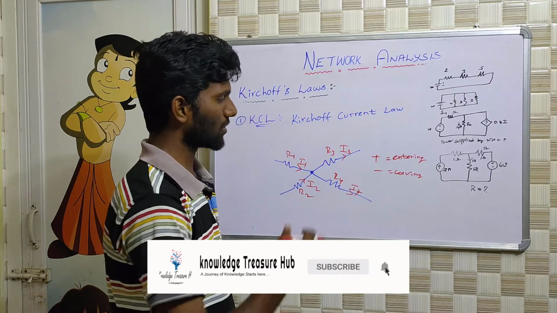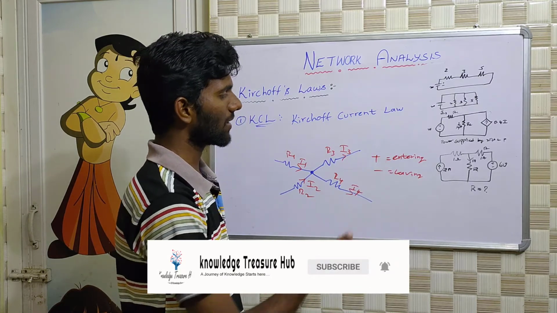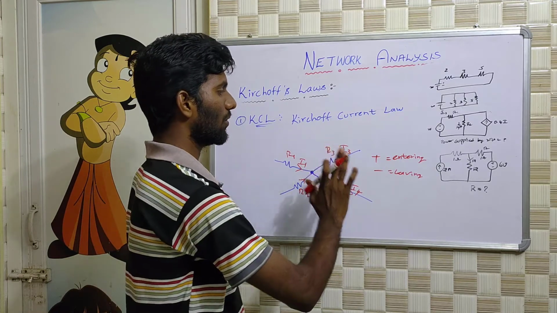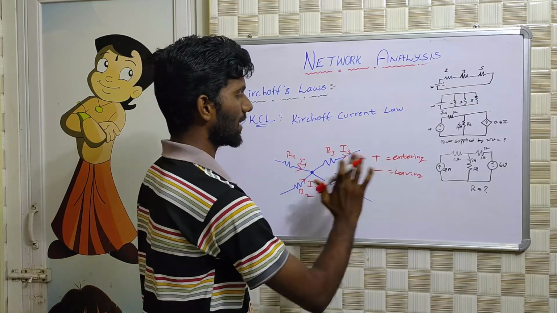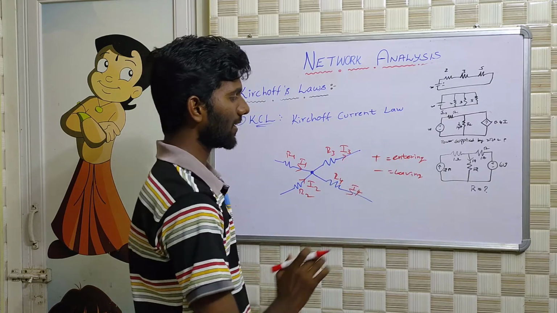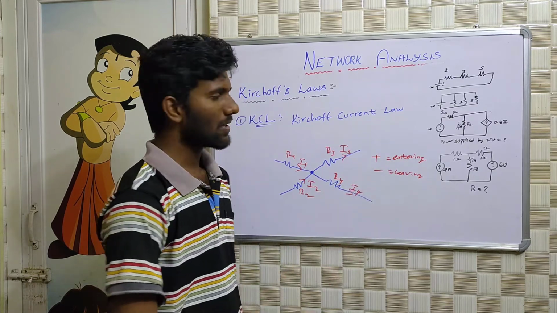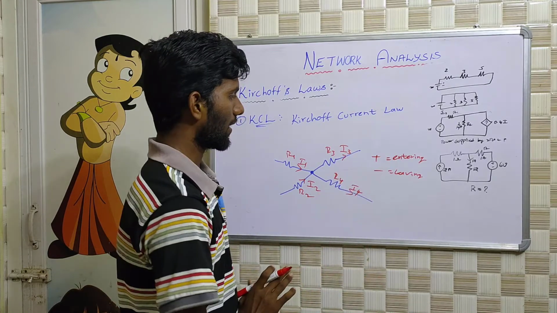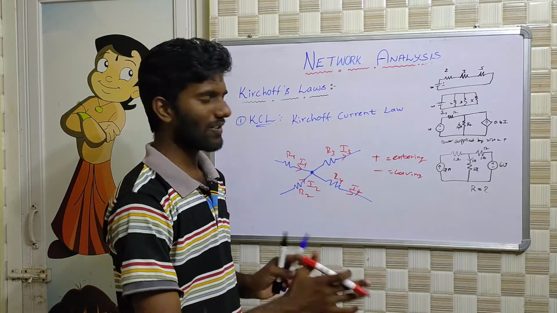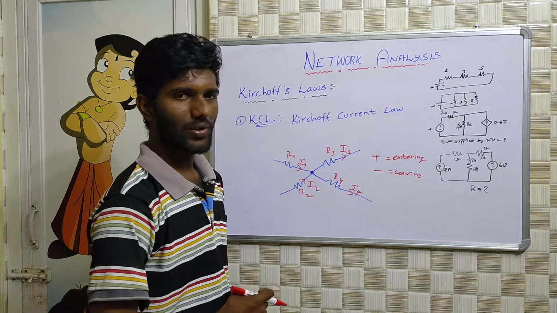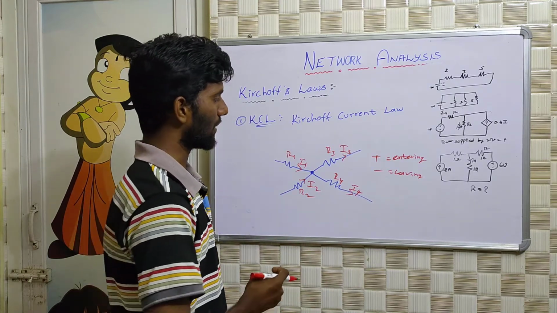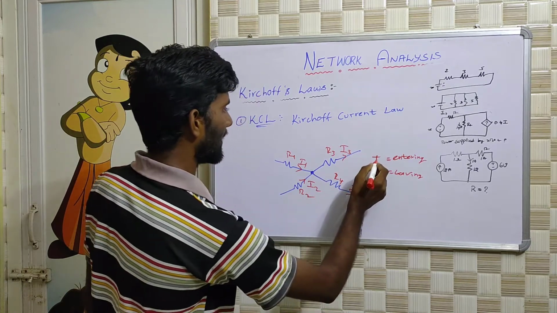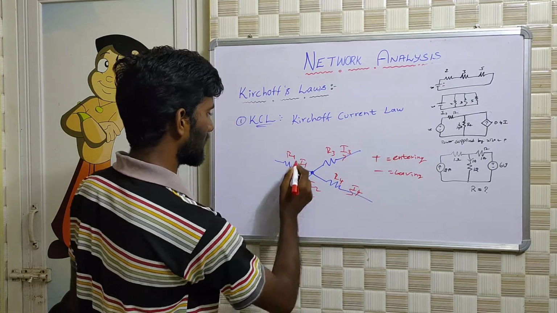We can change it, entering currents as negative and leaving currents as positive, but follow any one method. Initially, we are considering positive for entering and negative for leaving. The entire session will be based on the same rule, because if we change in between, it will lead to a little bit of confusion.